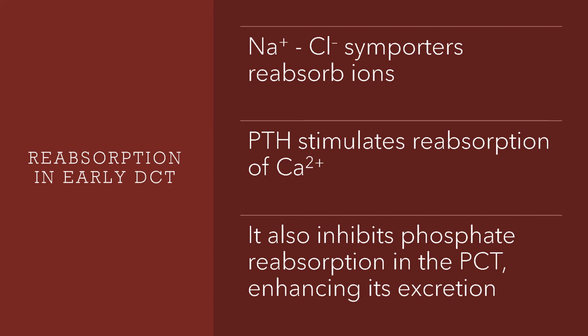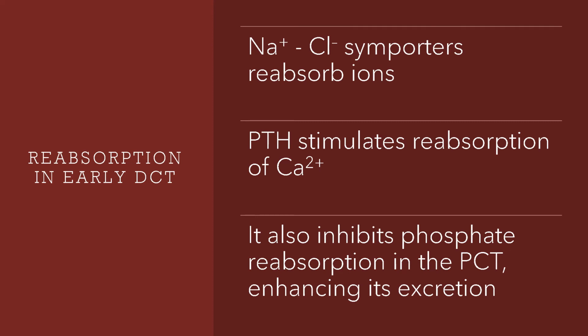We're now going to move on to talking about the distal convoluted tubule, or DCT. The early or initial part of the distal convoluted tubule reabsorbs about 10 to 15% of filtered water, 5% of the filtered sodium, and about 5% of filtered chloride.